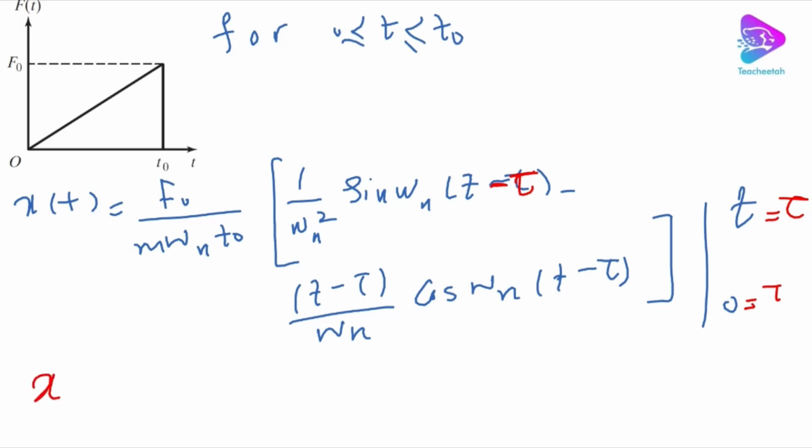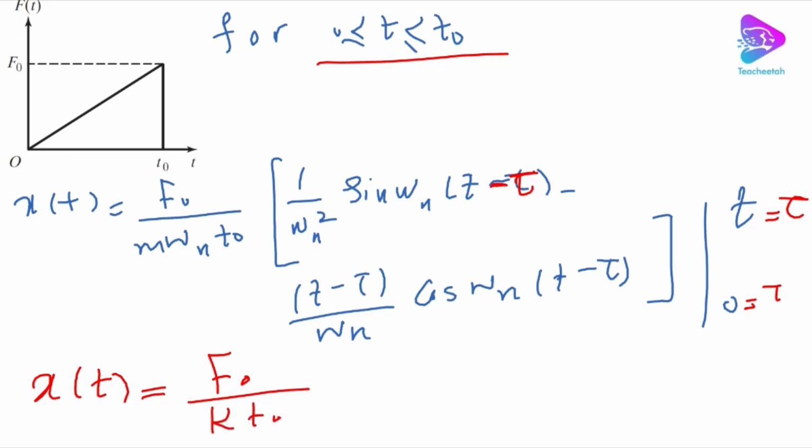So the final response for this time range would be f naught divided by k t naught times t minus 1 over omega n sine omega n t. That's it.